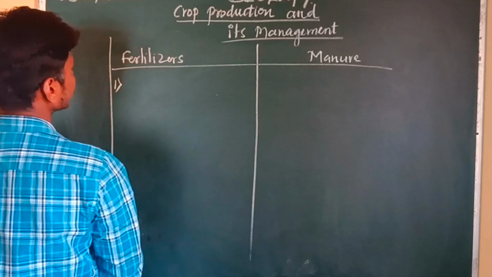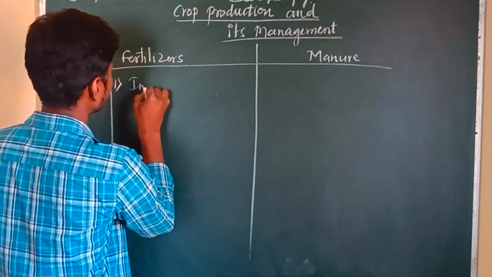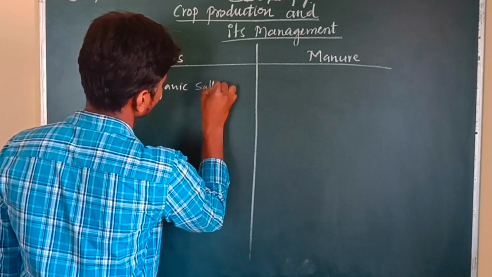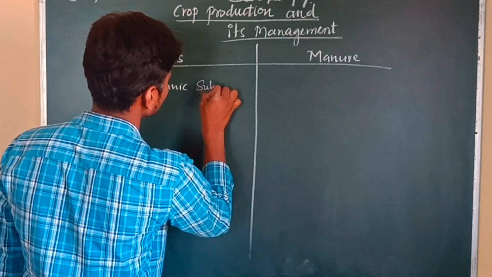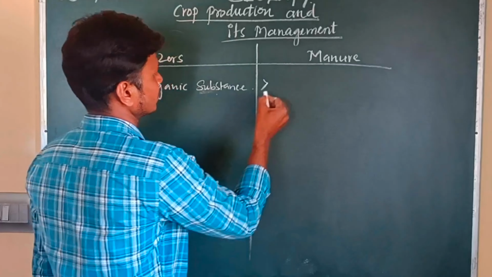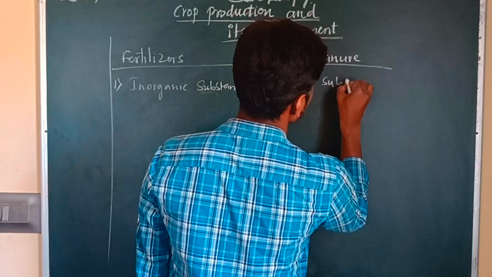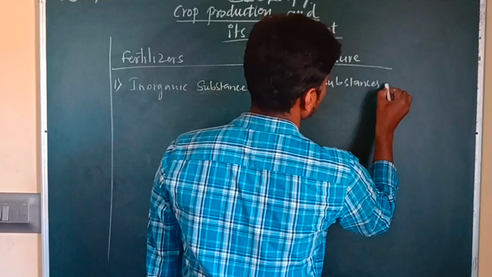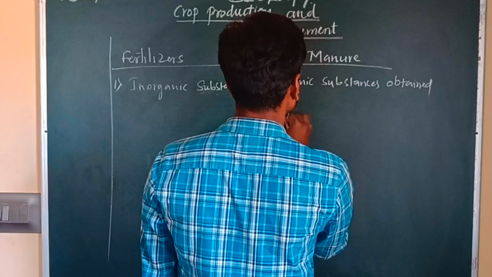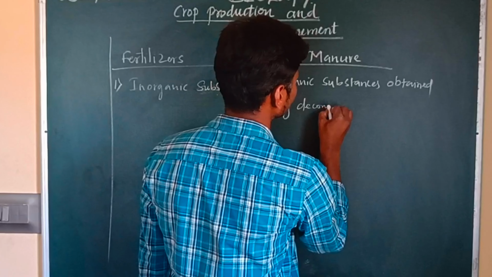So the first one is, as we know, fertilizers are inorganic salt or inorganic substances, and here manure is an organic substance obtained by decomposition.